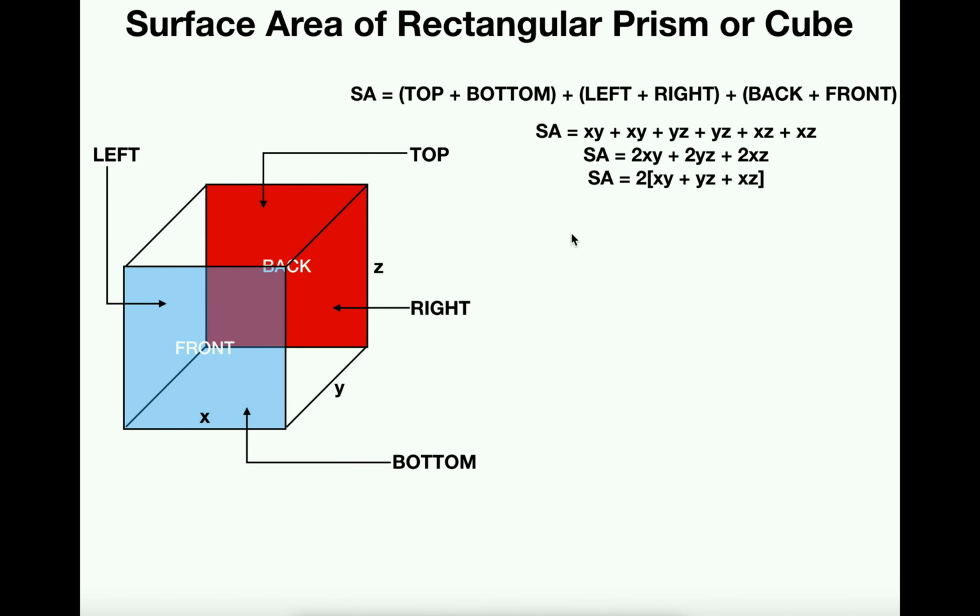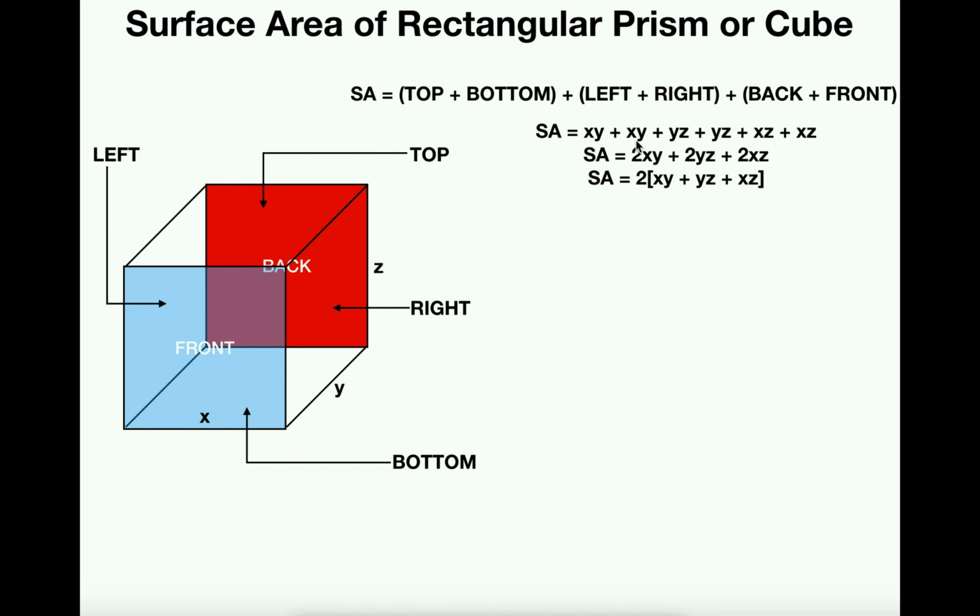Now, if you do happen to know that you have a rectangular prism or a cube where you are counting every side, the general formula would be this. Basically, you have xy plus xy. That would actually be the bottom and the top. YZ plus YZ, that's the right side and the left side, and then plus XZ plus XZ, that's going to be the back and the front.